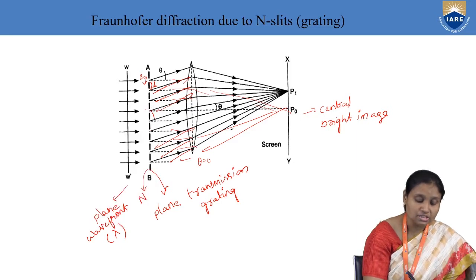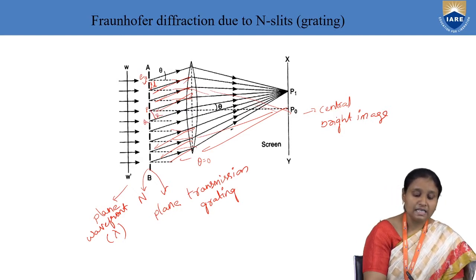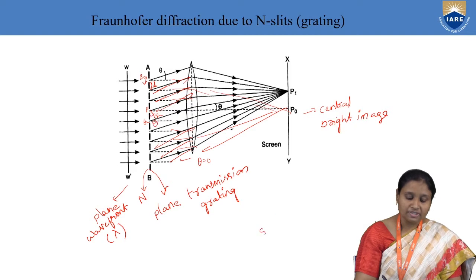Suppose this is P, and this is Q, and this is R. Then this angle will also be theta. If I take this triangle, sine theta is equal to the opposite side, that is our path difference, divided by PQ.